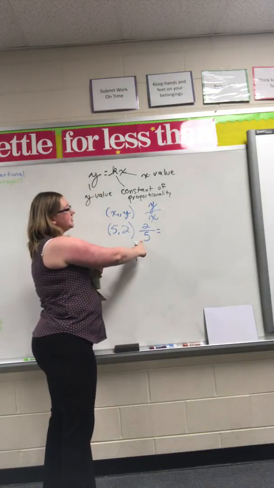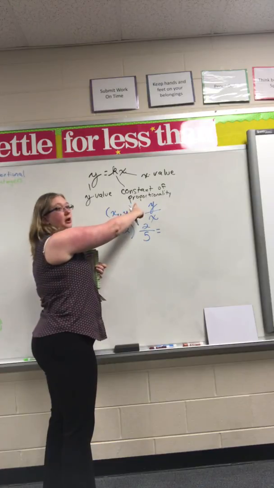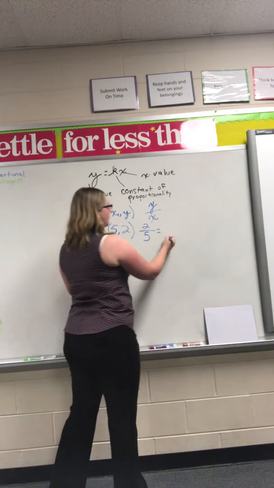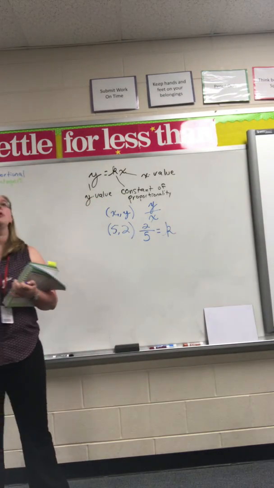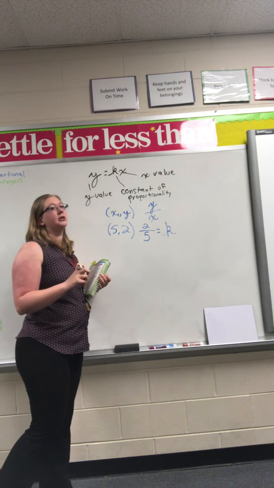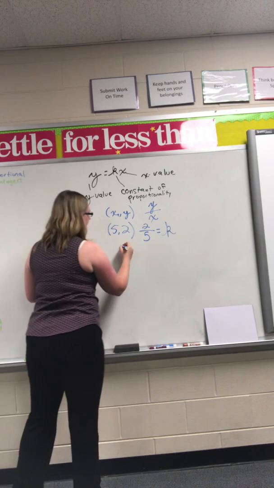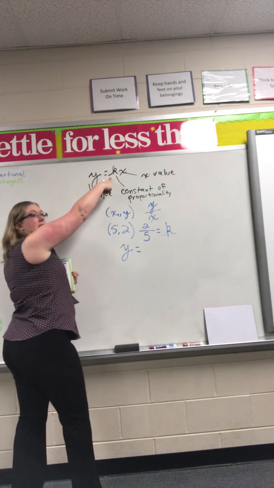2/5 is my what? Which is also called the constant of proportionality, which we use variable k for. How can I write that as an equation? Am I substituting anything for y? No. Am I substituting k? Yes.